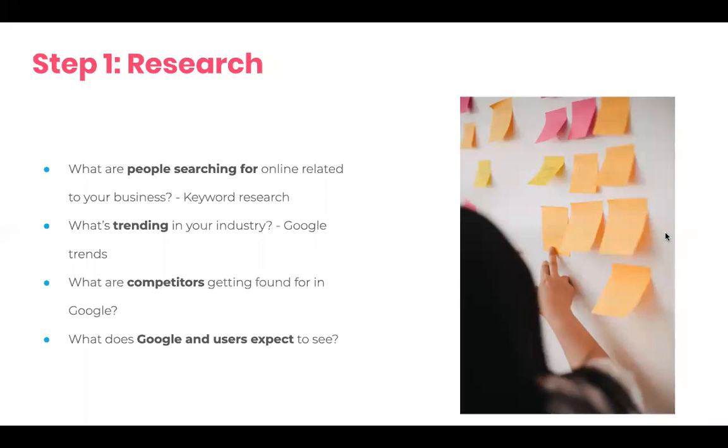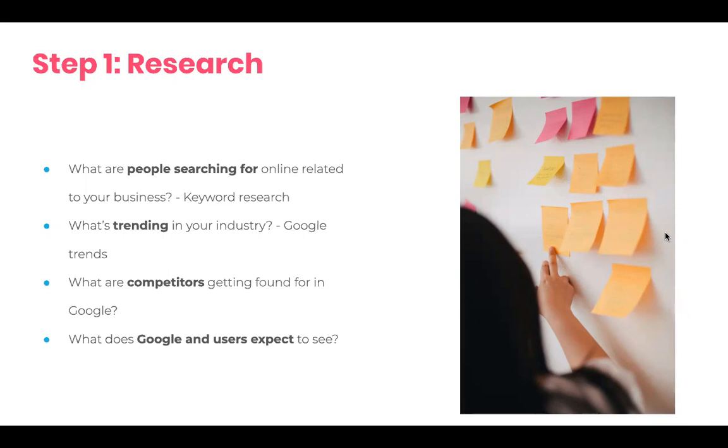That's something people familiar with SEO know through keyword research. Going slightly beyond that, what's trending now in your industry? Things that tend to be trending, and you can find that out in Google Trends, tend to be easier to rank for because they are new topics or new queries that were not searched yesterday.